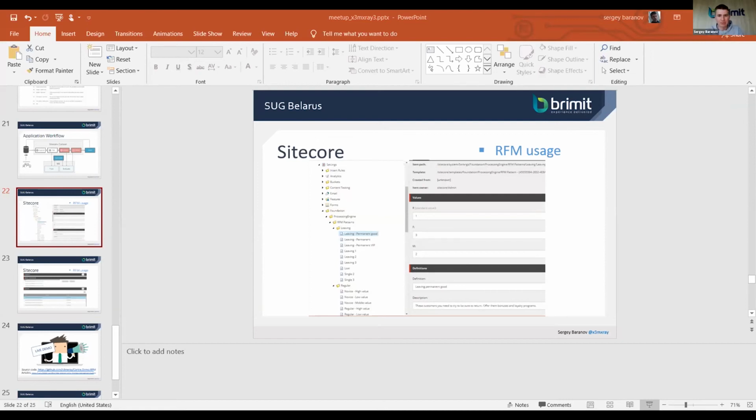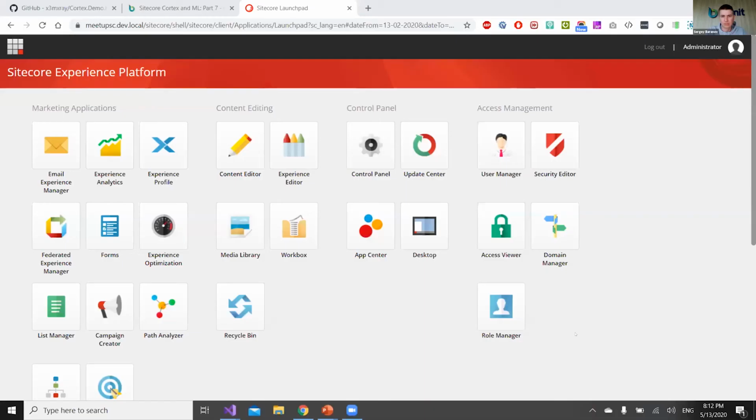So you probably need to reshare the screen. Yeah, now we can see.